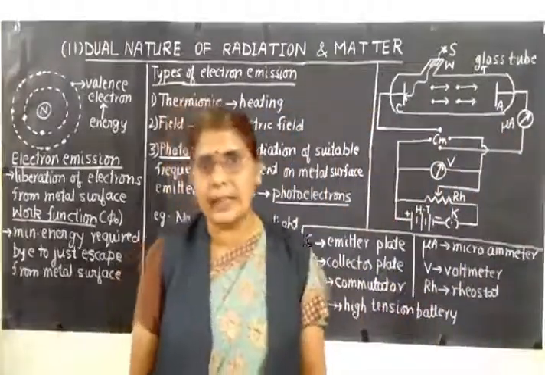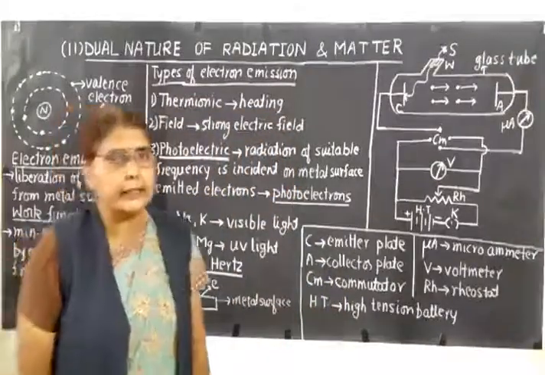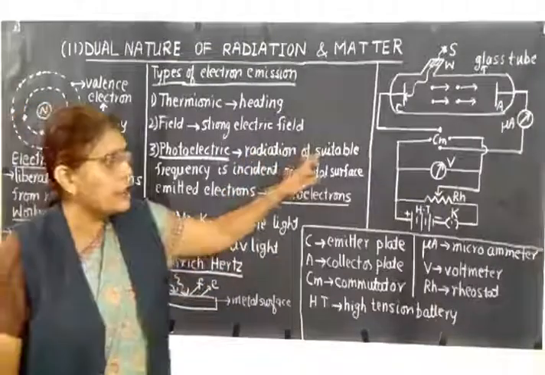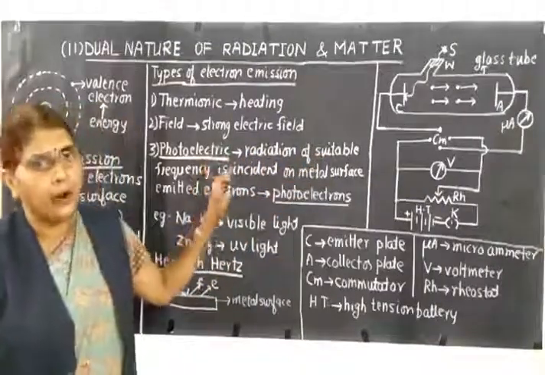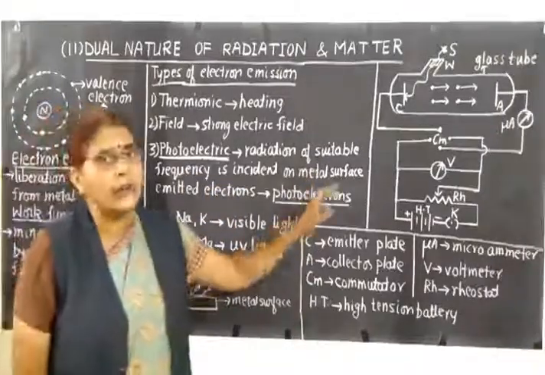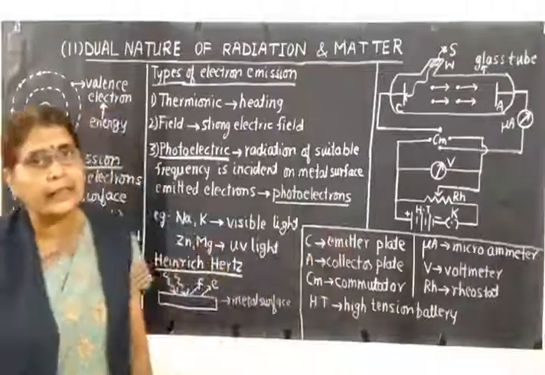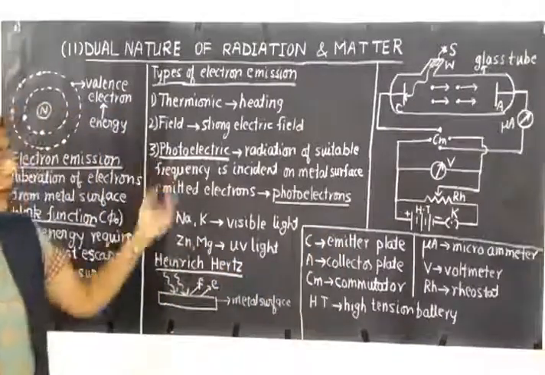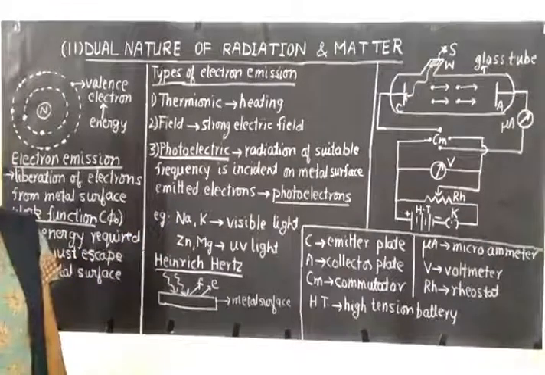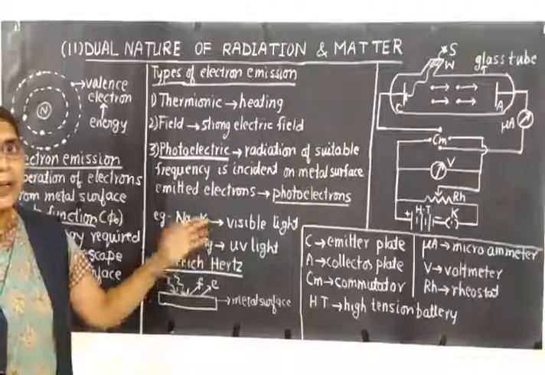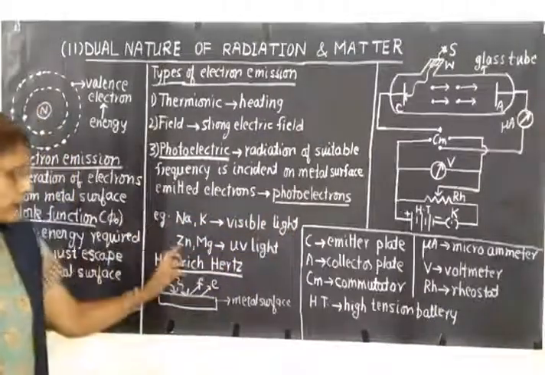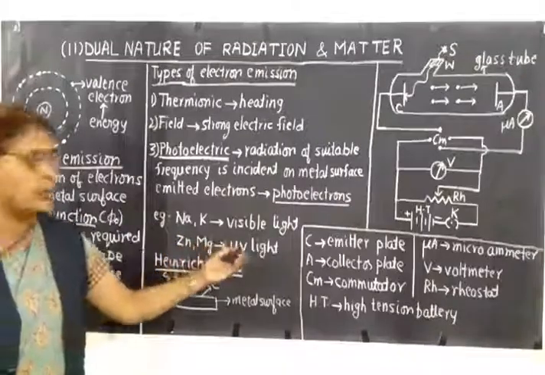It is the emission of electrons from a metal surface when radiation of suitable frequency falls on it. The electrons that are emitted are called photoelectrons. What are examples of photosensitive metals? It is found that alkali metals like sodium and potassium are sensitive even to visible light, whereas metals like zinc and magnesium are sensitive to UV light.